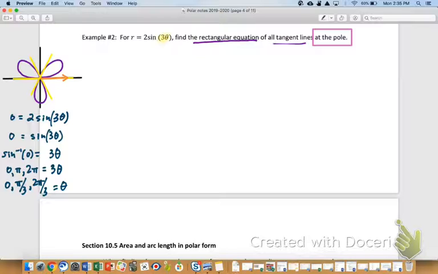How about pi over 3? Isn't pi over 3 pointing right about that way? I just want to make sure that visually this seems reasonable, like these angles actually make sense. And then 2 pi over 3 would be pointing that way. So hopefully visually we're like, okay, this is possible. This is realistic at least.